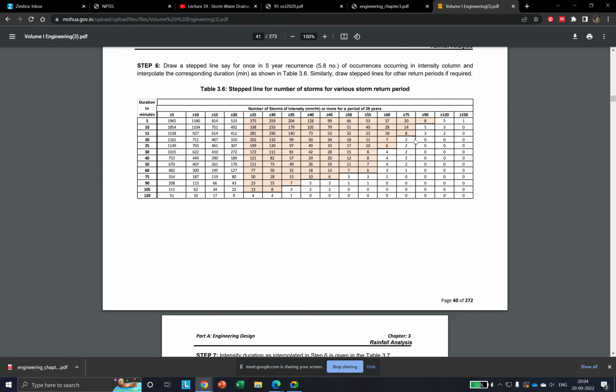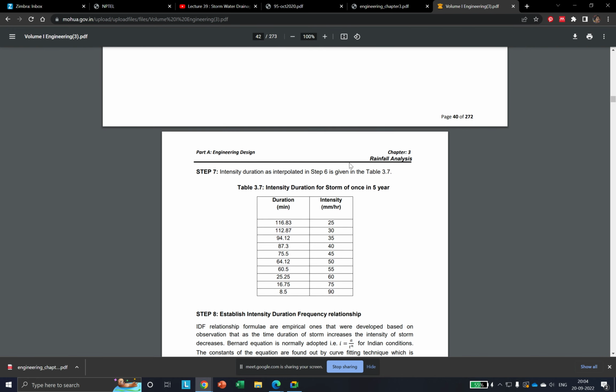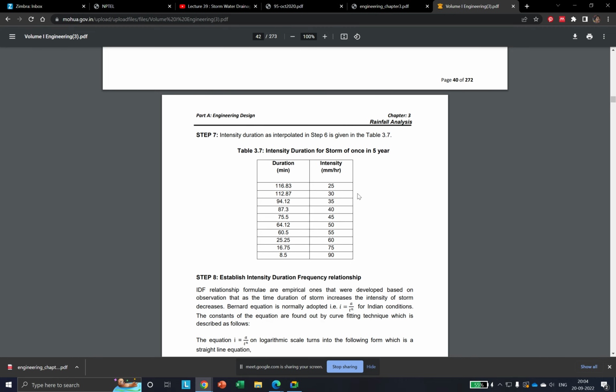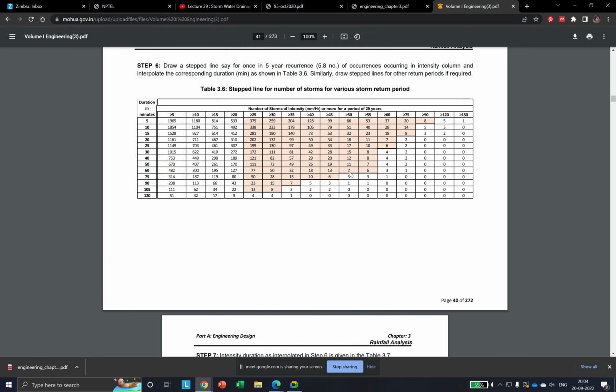That is because 8 is lying between 5 and 10 minutes, and it's more closer to 10 minutes. And how we are getting it, we need to use mathematical methods to do that. So here it's just mentioned based on interpolated data. That is how we will be getting this.